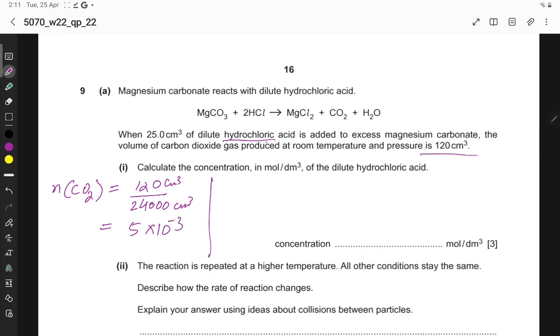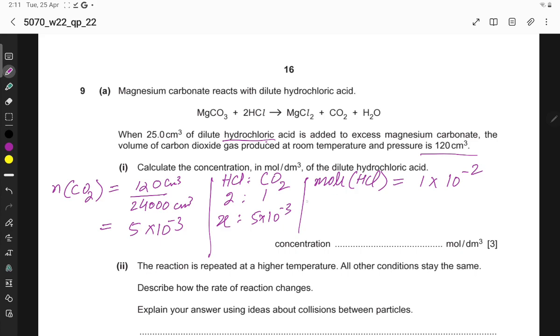Now calculate the mole ratio. HCl has 2 moles, carbon dioxide has 1. So 2 moles HCl to 1 mole CO2, and 5 into 10 raised to minus 3 is the ratio x. So the mole of HCl will be 1 into 10 raised to minus 2.